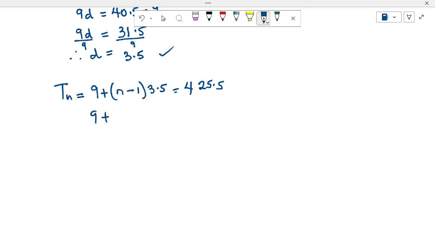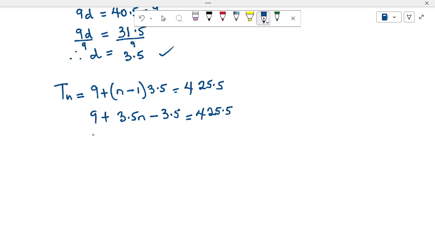We have 9 plus 3.5n minus 3.5. This 3.5 must multiply each term in that bracket. 3.5 times n gives us 3.5n. 3.5 times minus 1 gives us minus 3.5, equal to 425.5. We want to know what our n is. That is the last position of that progression.